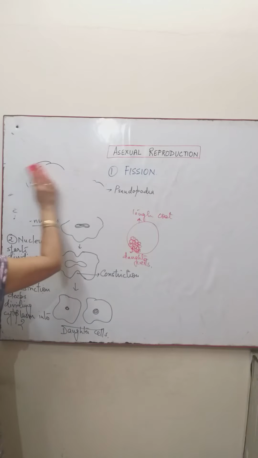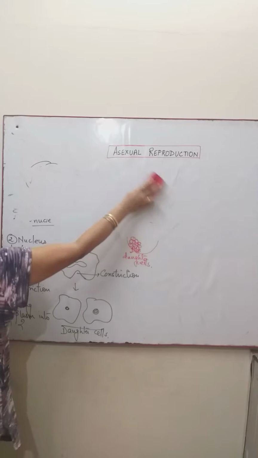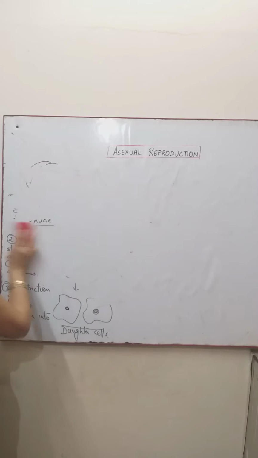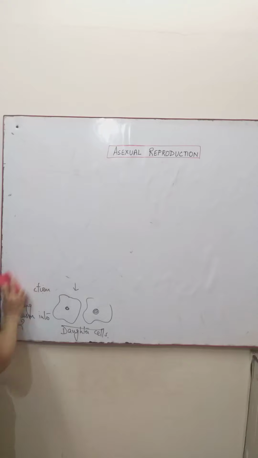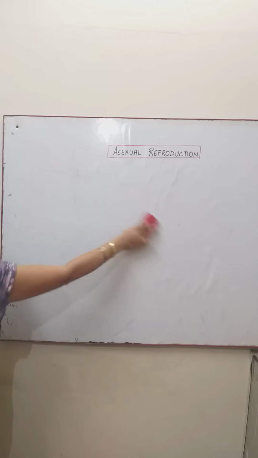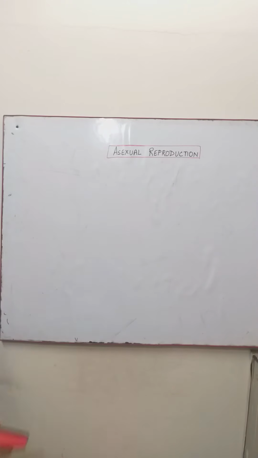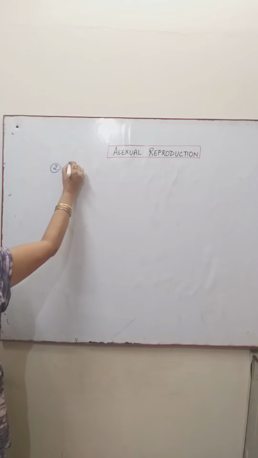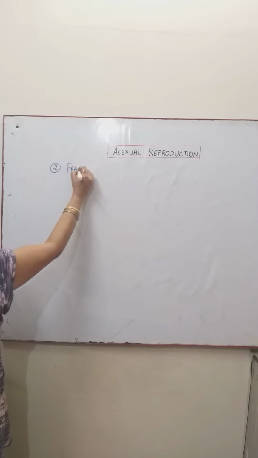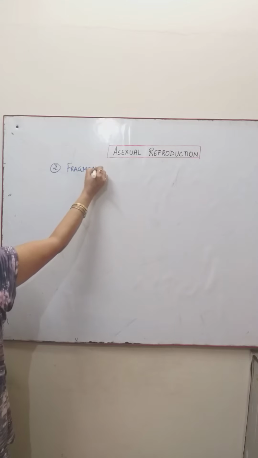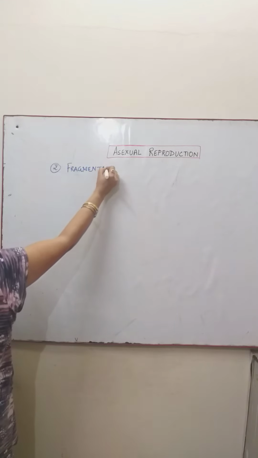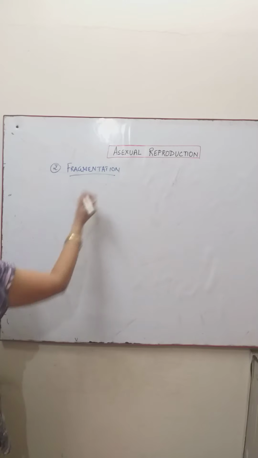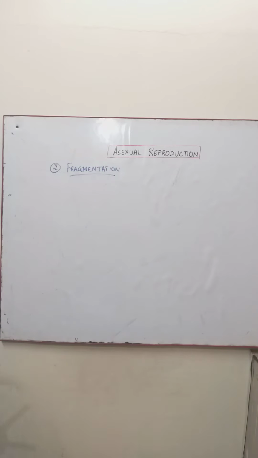Now another type of reproduction which we study is fragmentation. The second type of asexual reproduction which is commonly observed is fragmentation. Fragmentation is the breaking up of the mature organism into fragments or parts.